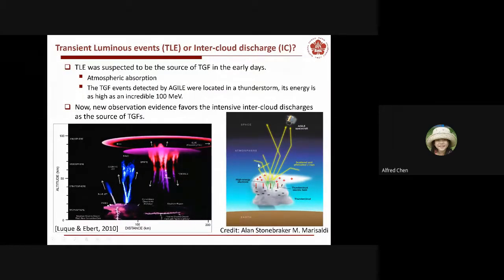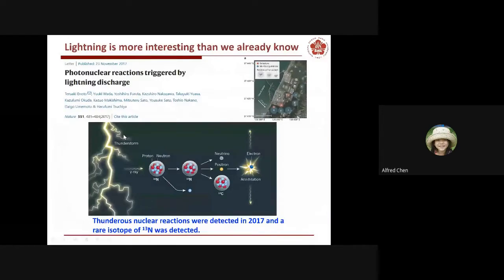Some of the gamma ray will be absorbed by the atmosphere, but lots of gamma ray can pass through the atmosphere and be detected by the satellites. So now the new observation evidence favors intensive intercloud discharges as a source of the terrestrial gamma ray flashes. And the lightning is more interesting than we already know.